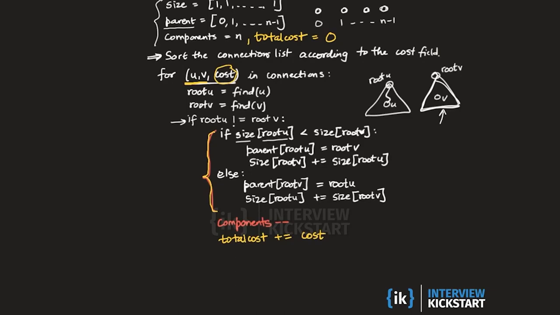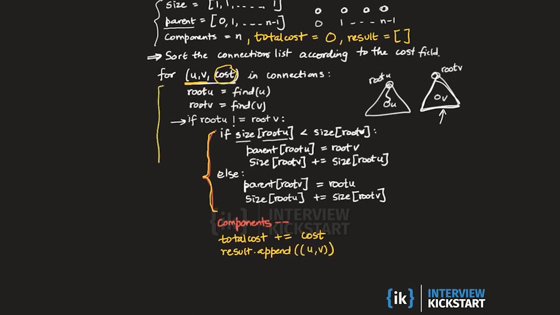And what if we wanted to track the edges that are going to make up our minimum spanning tree? So we can initialize our list of edges to be an empty array at the beginning, and whenever we are doing a union operation, we are going to add the edge between u and v to that growing list of edges.